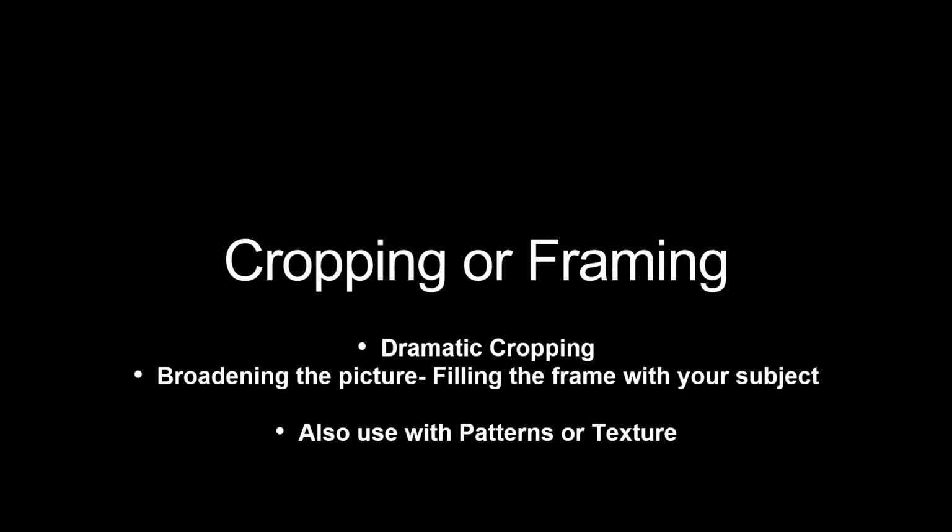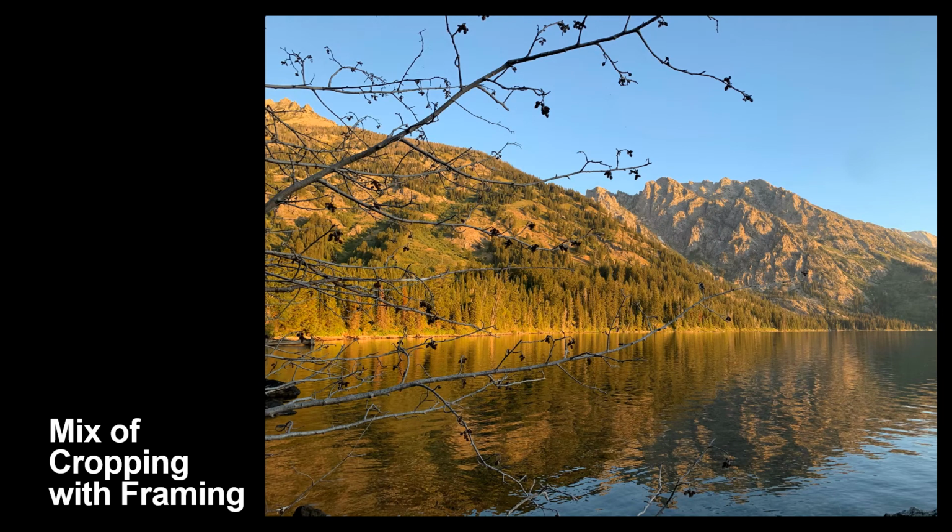So instead of having a frame around your photograph, you're thinking about the framing within your photograph, something along the edges maybe that help direct your eye towards your subject that's within that frame. This is a photograph at the Grand Tetons of Jenny Lake, and the Tetons in the background in the morning, so early morning sun, and it's an example of cropping and framing.